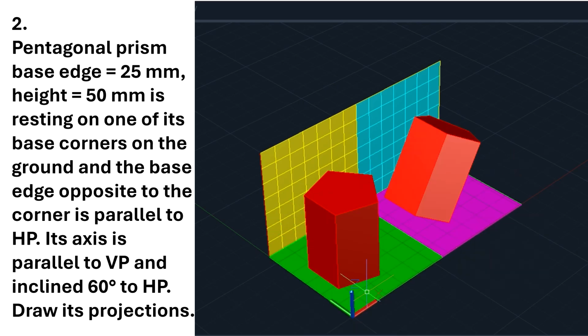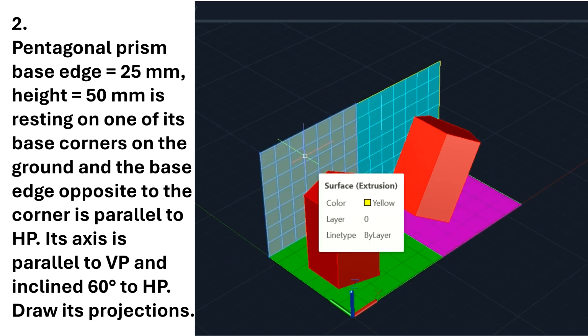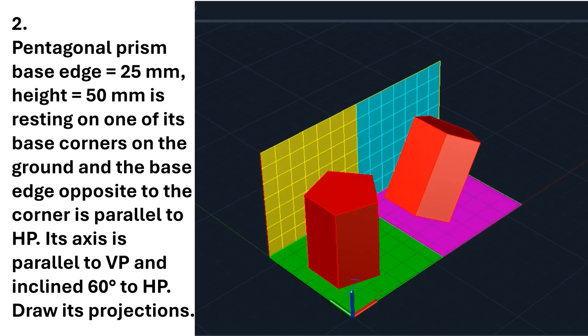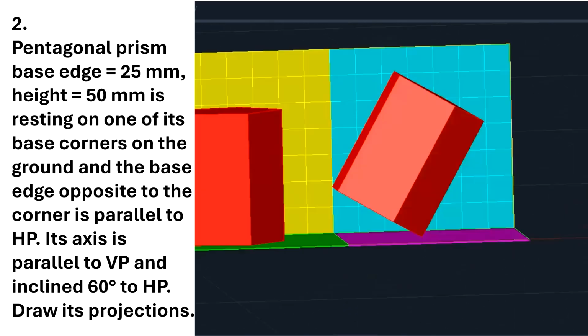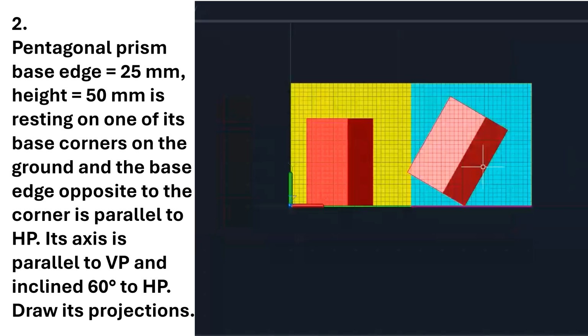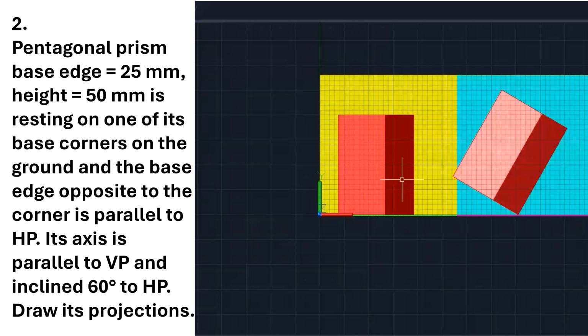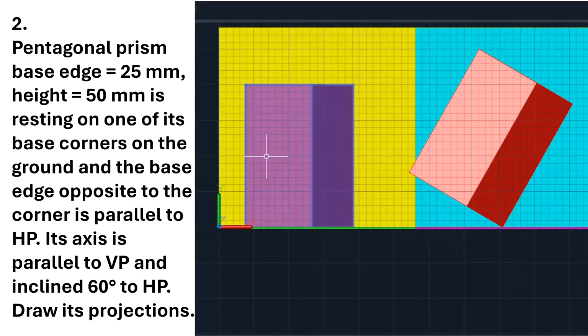So here, why am I doing these two stages? Because in the front view, if we draw the top view here and project the front view, then if you go to the front view of these two solids, you can see the front view. This is the front view in the simple position.